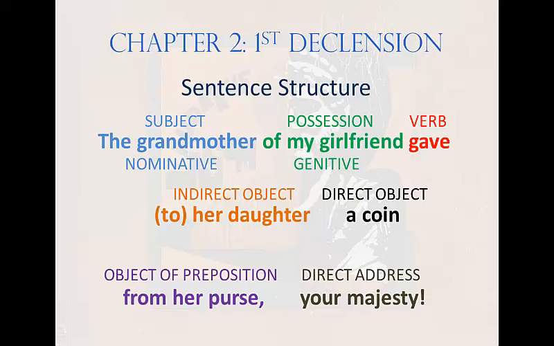We'll skip the verb gave, since we're looking at cases and verbs don't take cases. The next noun, her daughter or to her daughter, the indirect object, would be in the dative case if this were Latin. A coin, the direct object, would be in the accusative case. Purse, the object of a preposition, would be in the ablative case, and Your Majesty, the person being directly addressed, would be in the vocative case.